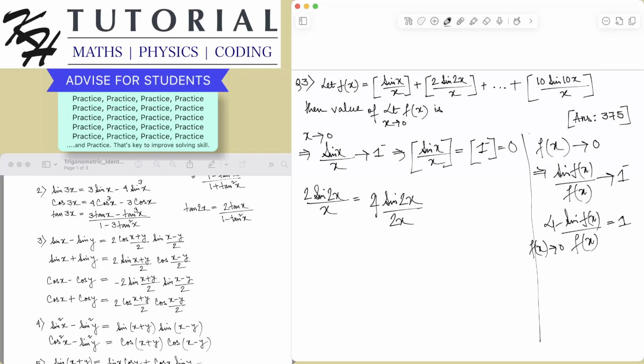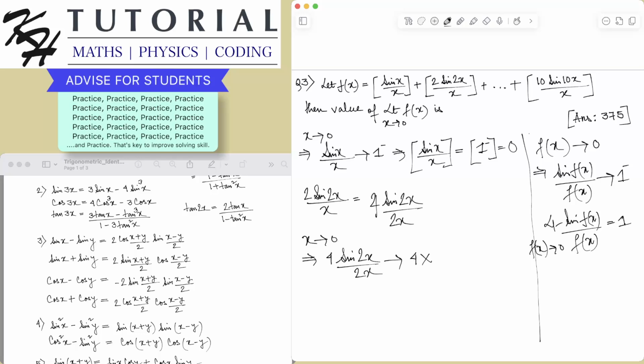Now when x tends to 0, 4 multiplied by sin 2x by 2x will tend to 4 multiplied by 1 minus.